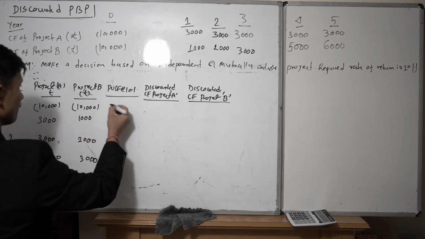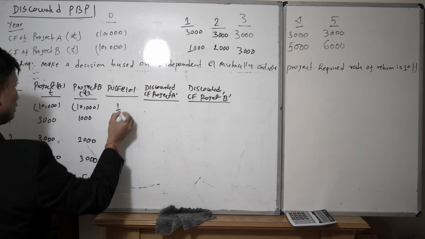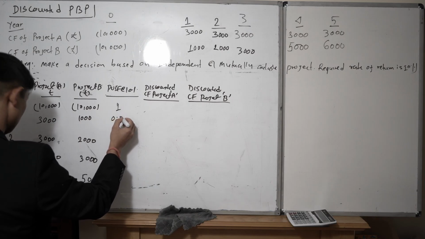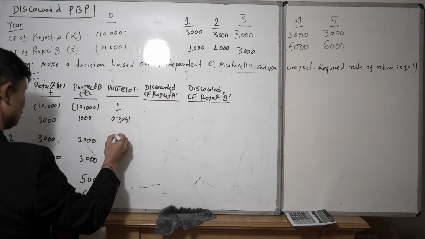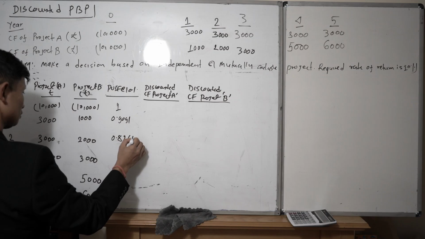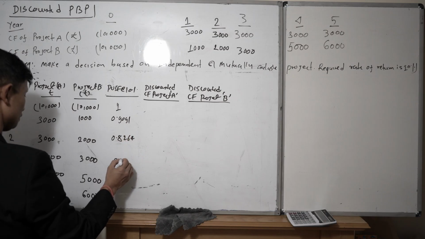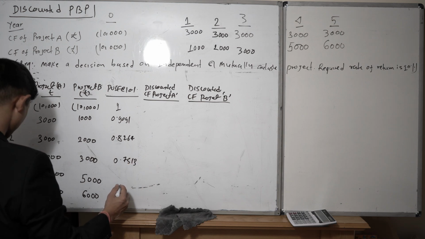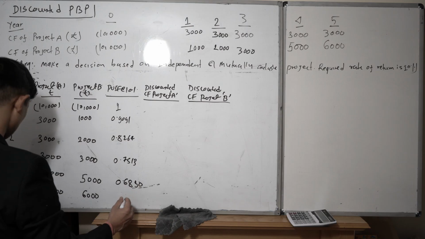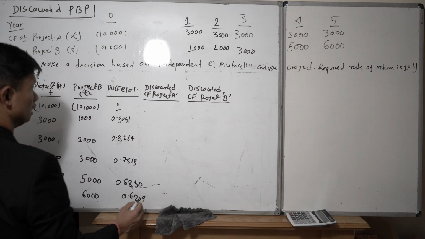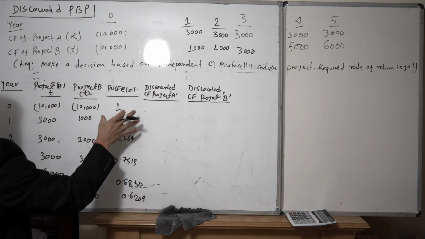In year 0 it is always 1, and year 1 it is 0.9091, in year 2 0.8264, and year 3 0.7513, and year 4 it is 0.6830, and year 5 we get 0.6209. So let's multiply one by one.